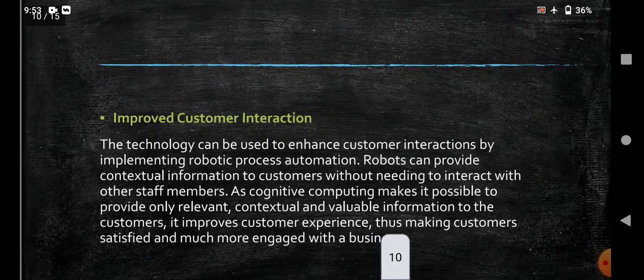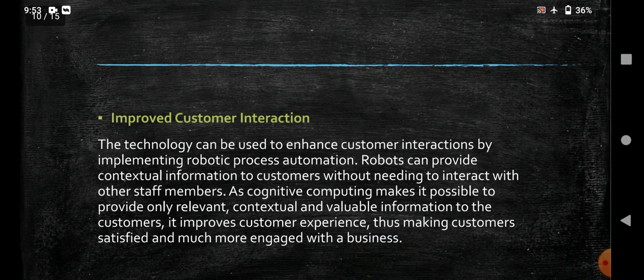The next advantage is improved customer interaction. The technology can be used to enhance customer interaction by implementing robotic process automation.